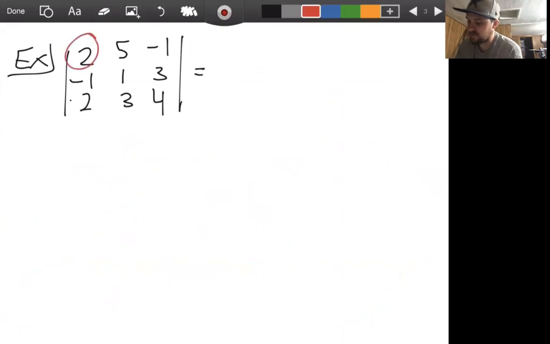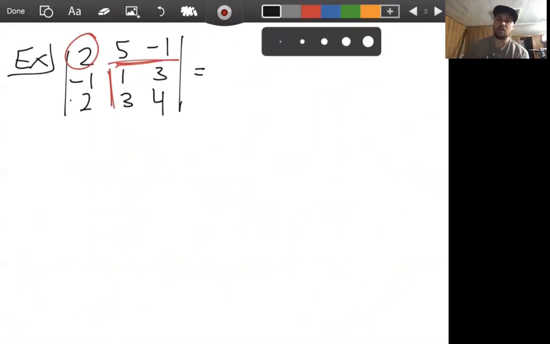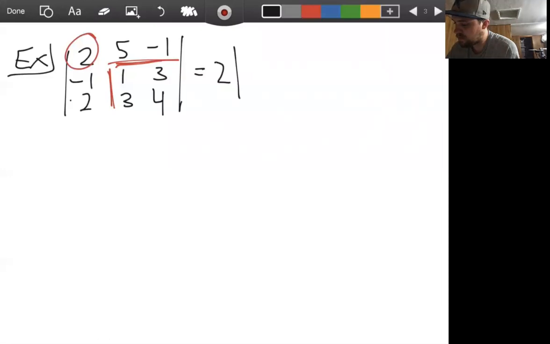Well, we take the first entry in the top row, and then we multiply it by the determinant of what's left when you delete the row and column that 2 belongs to, right? So this is 2 times the determinant of 1, 3, 3, 4. And then you alternate the sign. So it was plus in the first term, so now it's minus.